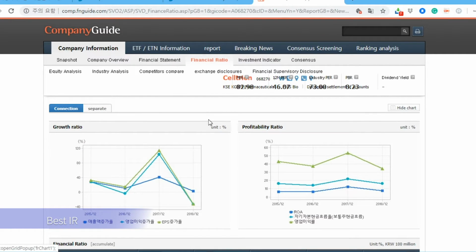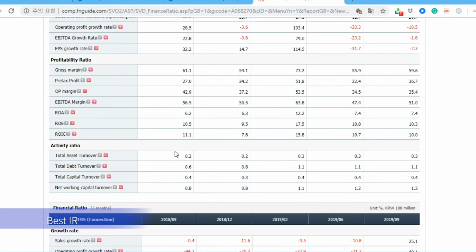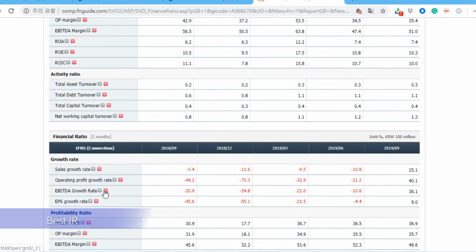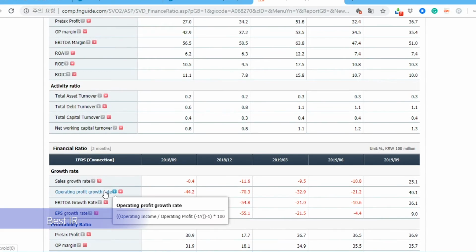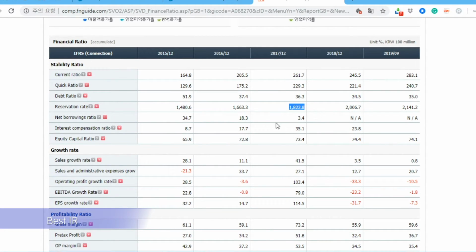And another thing I look at very importantly is something like the net debt to equity ratio. Here we go, net borrowing ratio, and their net borrowings are very, very small, so they don't have much debt. It's a good company, I guess. I like companies with very low debt.